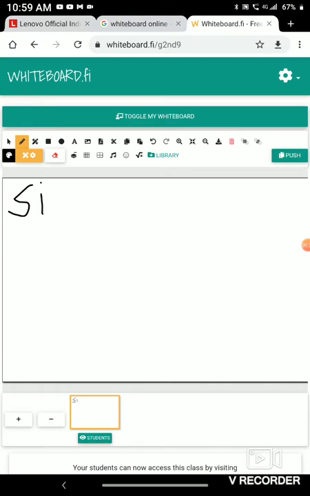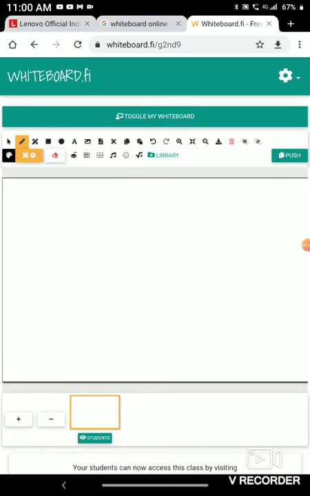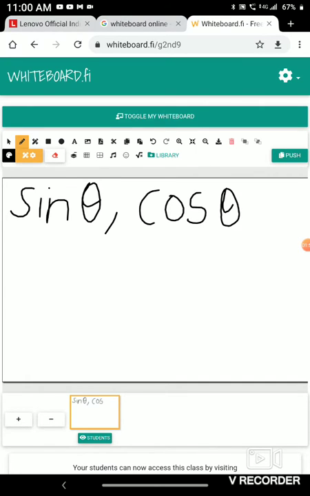So first is sine theta, then cos theta, and the next is tan theta. So guys, there are formulas of these 3 things, so let's move to our formulas also.